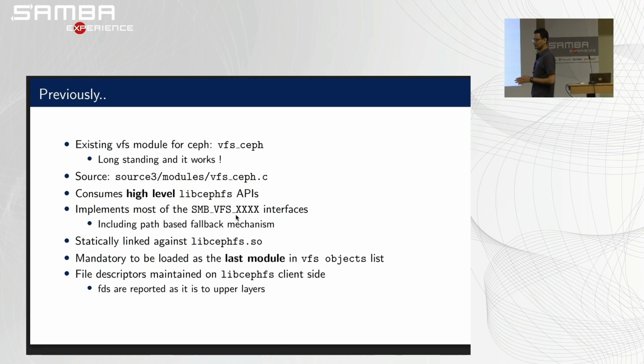It is working; there is nothing wrong with that. It includes most of the SMB VFS interfaces that we currently use with the VFS layer, and it also matches the behavior of the default VFS module. It includes the path-based fallback mechanism. It is statically linked with the libcephfs library, the .so file.